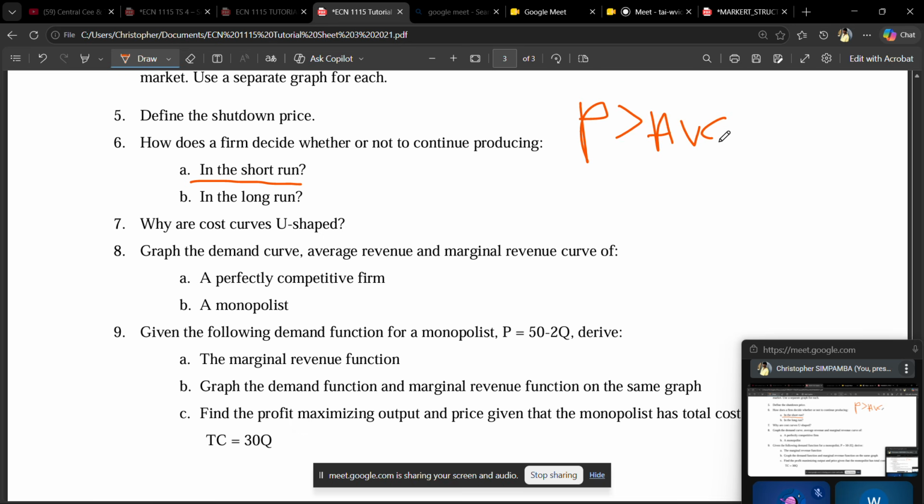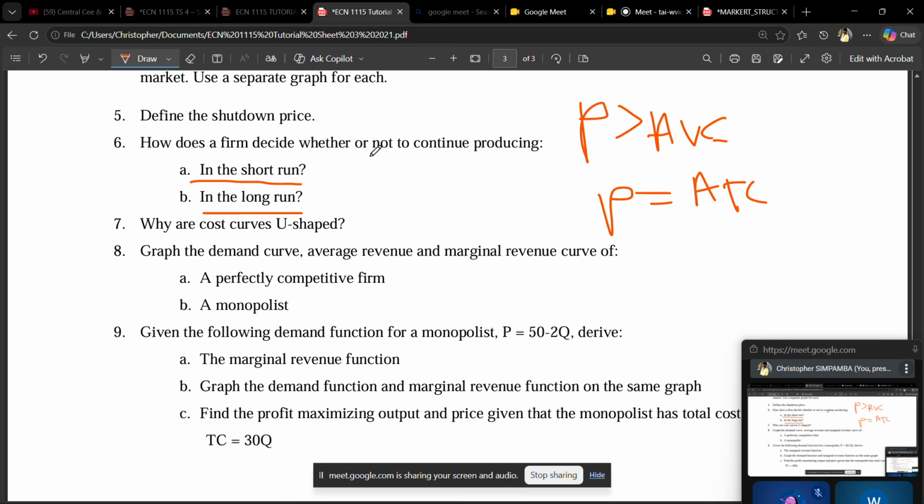This is the only condition that matters for the firm to continue producing in the short run. And in the long run, a firm will continue producing when price equals average total cost, because the firm produces at the point where price equals average total cost, which means that the firm will be making normal profits, not supernormal profits. That's in the long run.